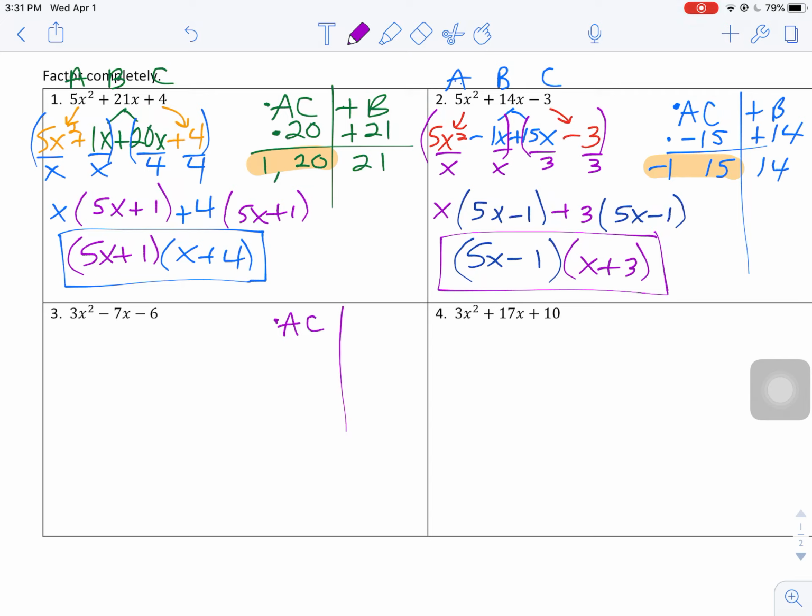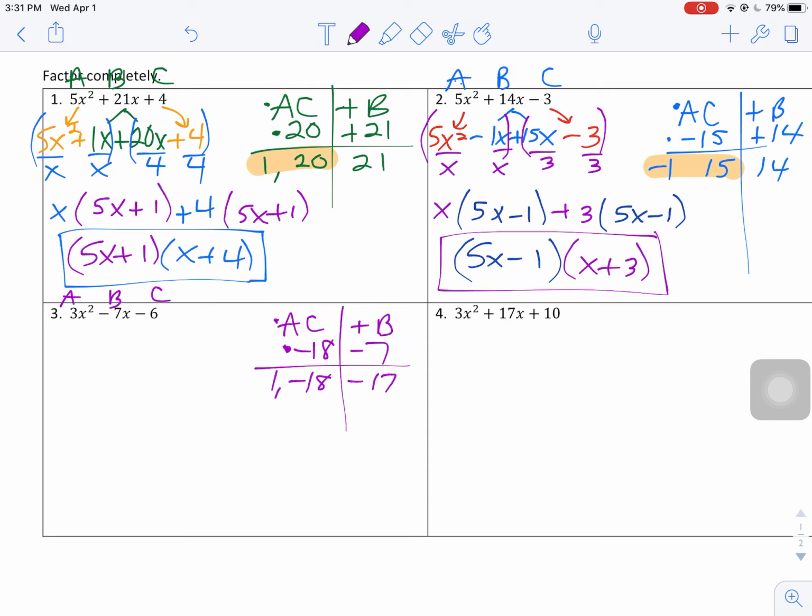On number 3, we want to multiply to AC, add up to B. A is 3, C is negative 6, so 3 times negative 6 is negative 18, and B is negative 7. So 18 divided by 1 is 18. I'm trying to add up to a negative number, so I want my bigger number to be negative.